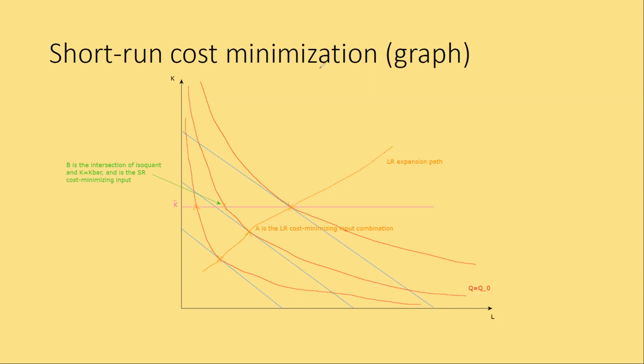So therefore, the short run expansion path is going to be the straight line here, actually, and let me draw it using a different color.